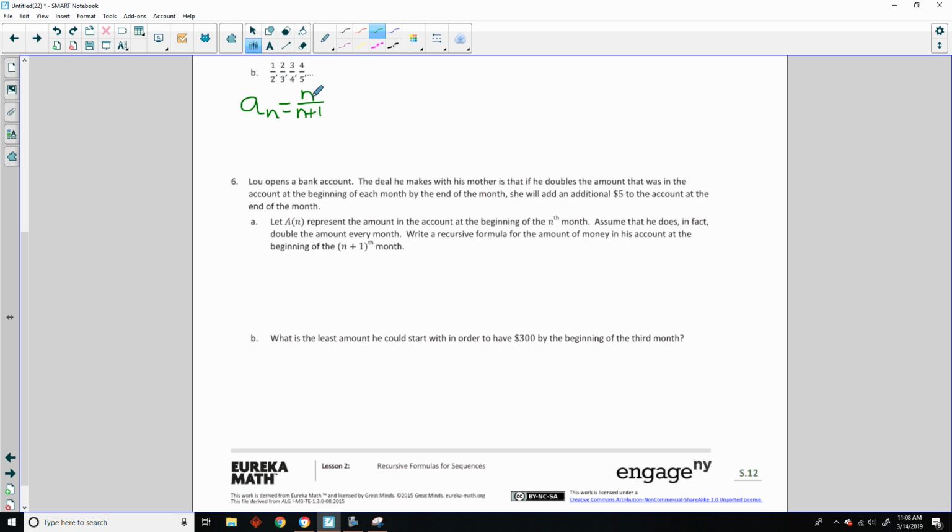So if n is 1, the bottom would be 1 plus 1, or 2. So a sub 1 would be 1 over 1 plus 1, which is 2. And a sub 3 would equal 3 over 3 plus 1, which is 4. And our third term is definitely 3 over 4. So it's going to be a sub n equals n over n plus 1, where n is greater than or equal to 1.